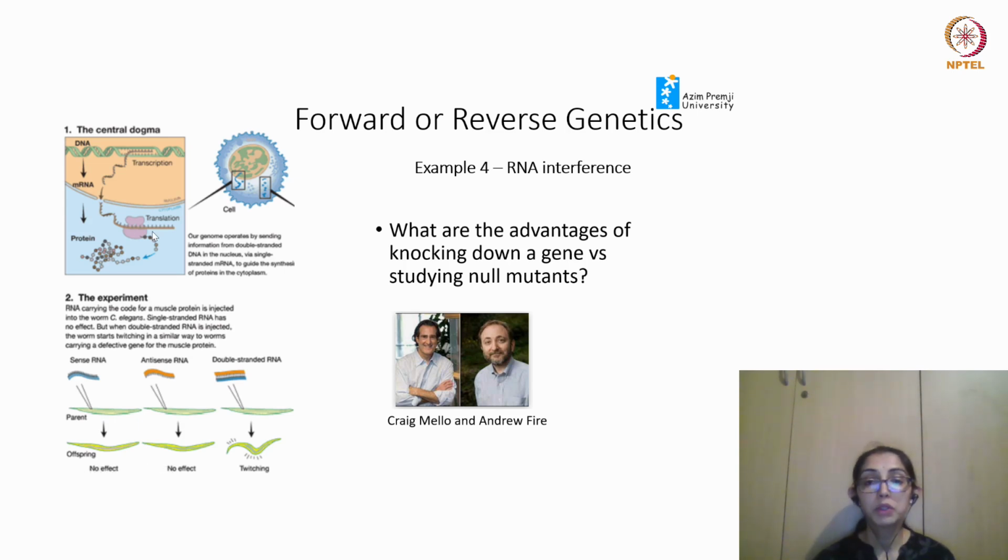So effectively what you're doing is you're shutting down the function of the gene because you're no longer allowing the gene to produce its protein product, right? It can be transcribed, but it won't be translated to protein. And I should mention that this RNAi technique can have different levels of penetration.